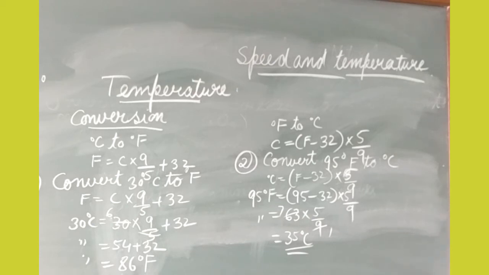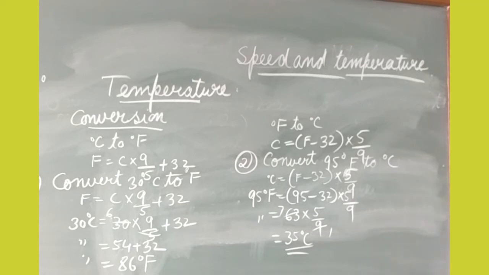The Celsius scale is marked from 0 degrees to 100 degrees, and it is read as degrees Celsius. Next, the Fahrenheit scale is marked from 0 degrees to 220 degrees, and it is read as degrees Fahrenheit.